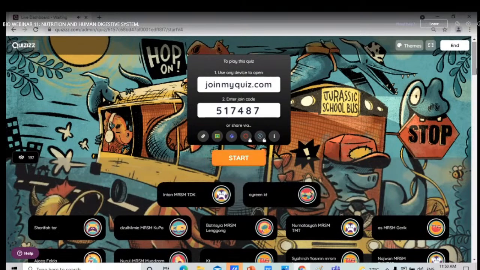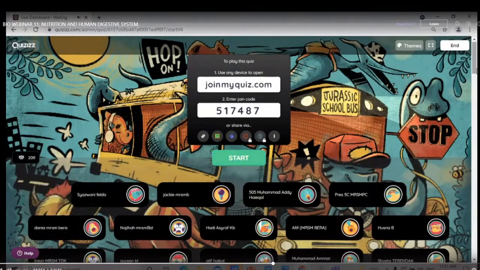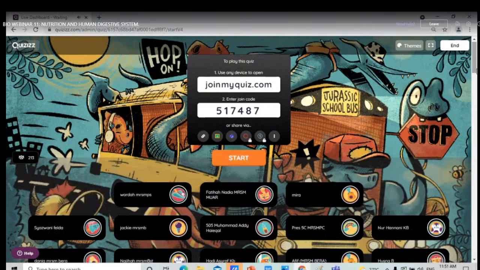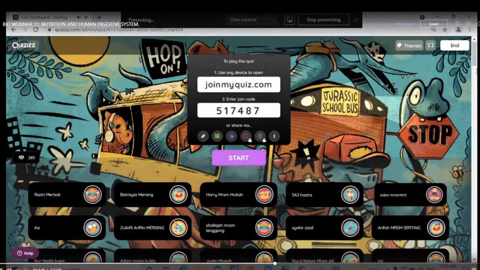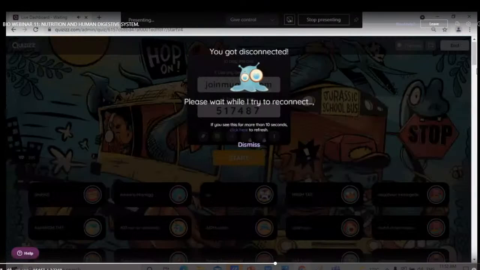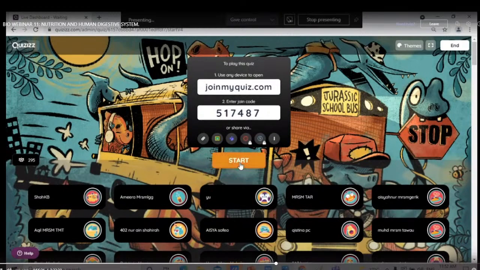Baru nampak, cikgu dimaklumkan kita ada 900 lebih kehadiran hari ini. Pindah Betung tak ada hal. Okey, boleh mula now, 8 soalan sahaja.